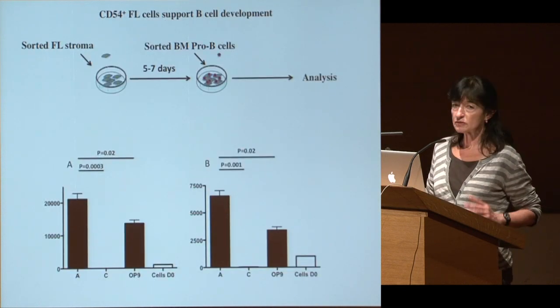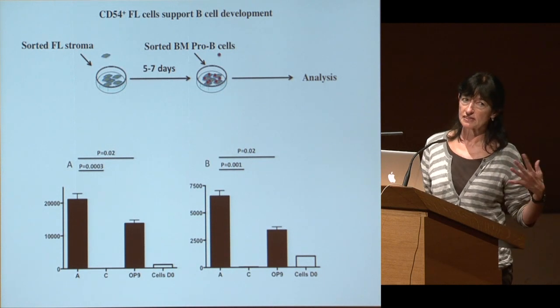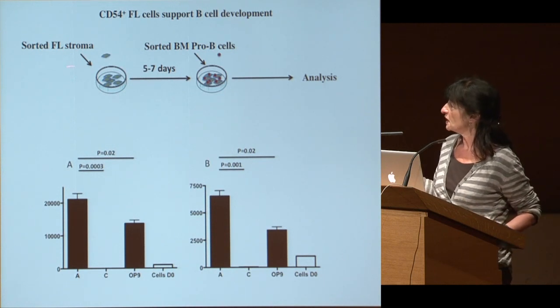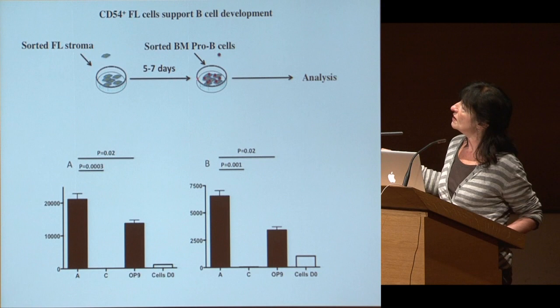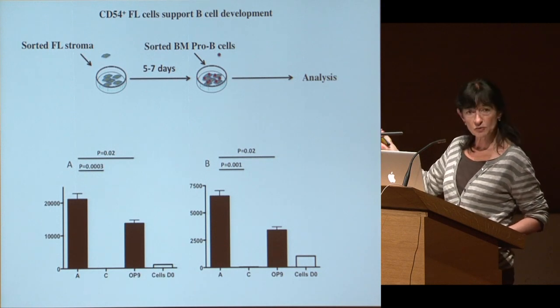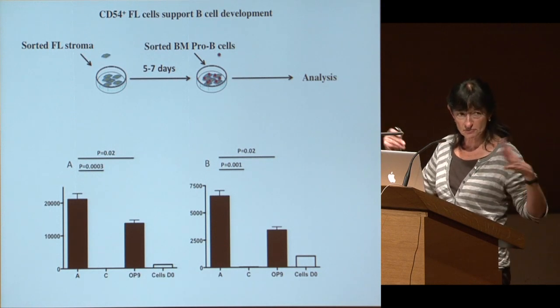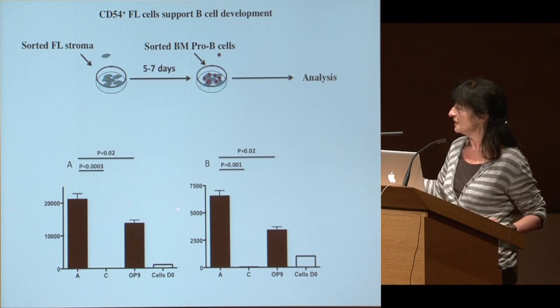So now that we knew how to grow them in a very short term, not more than 1 week, we actually attached them to the bottom of a well and put on top of them pro-B cells from the bone marrow and asked, can we grow those guys? I mean, this is all exogenous cytokine-free.